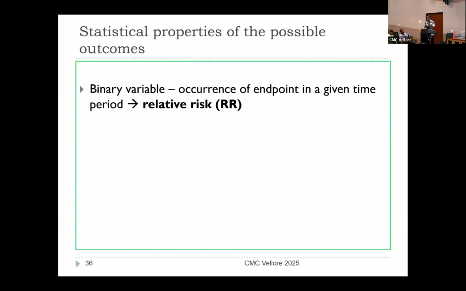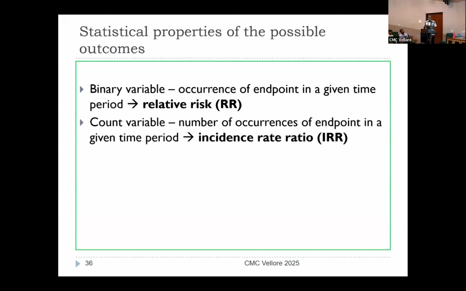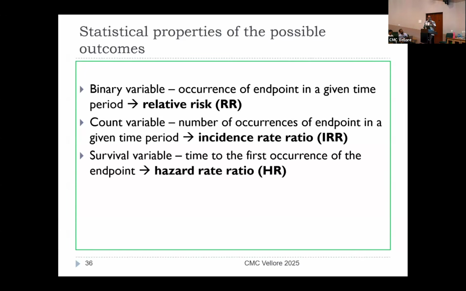And those are the risk ratio, or the more common term for it is relative risk. Okay. If it's the count variable, then it's the number of occurrences of the endpoint in a given time period. So it's that incidence rate in one arm and the incidence rate in the other arm. And so now we can calculate the ratio of them. So incidence rate ratio. Survival variable is the time to the first occurrence of the endpoint.